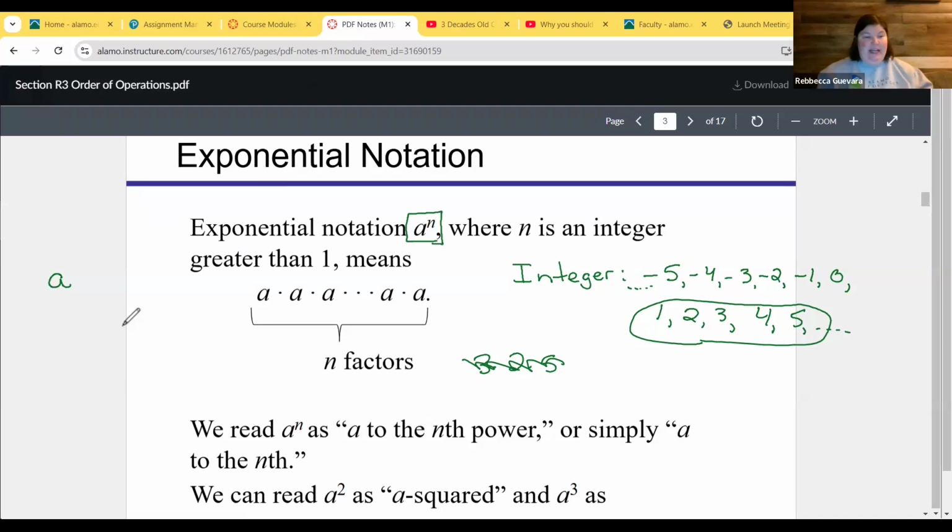So a to the power 2 is a squared, and a to the power 3 we call a cubed. Anything else, if I said a to the 5th, we just say a to the power of 5.